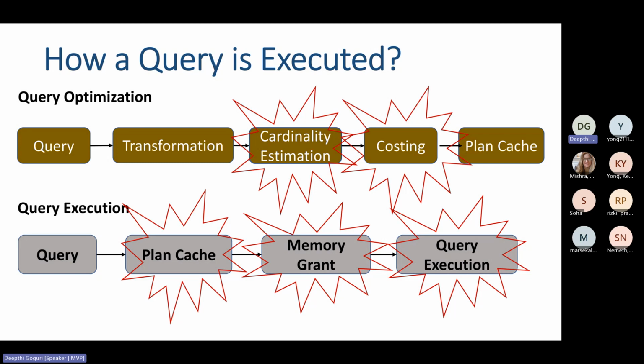I only go with the estimates. So it's saying only 1,000, so I will only allocate the memory grant for the 1,000 records, because I don't want to waste my memory, right? I don't want to waste my resources over here. There are other queries running at the same time.